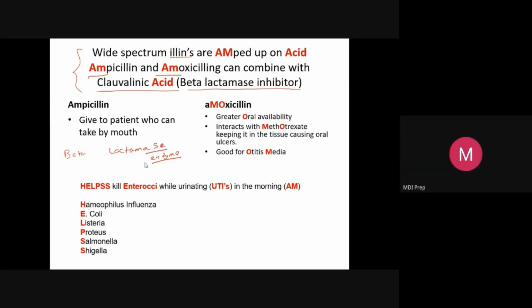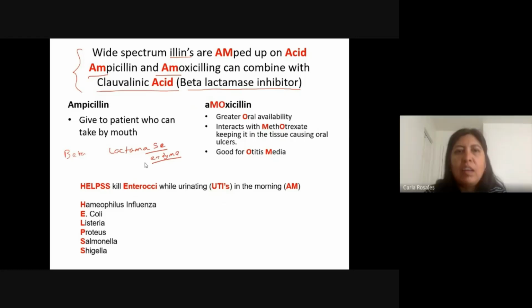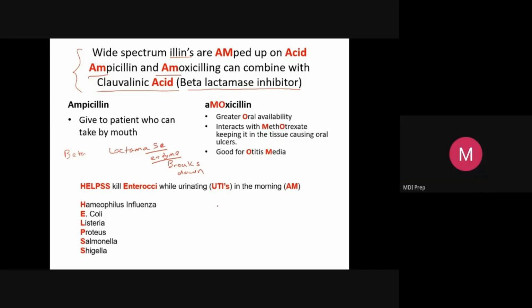So what do you think beta-lactamase does? What does an enzyme do? It helps break things down. Yes.